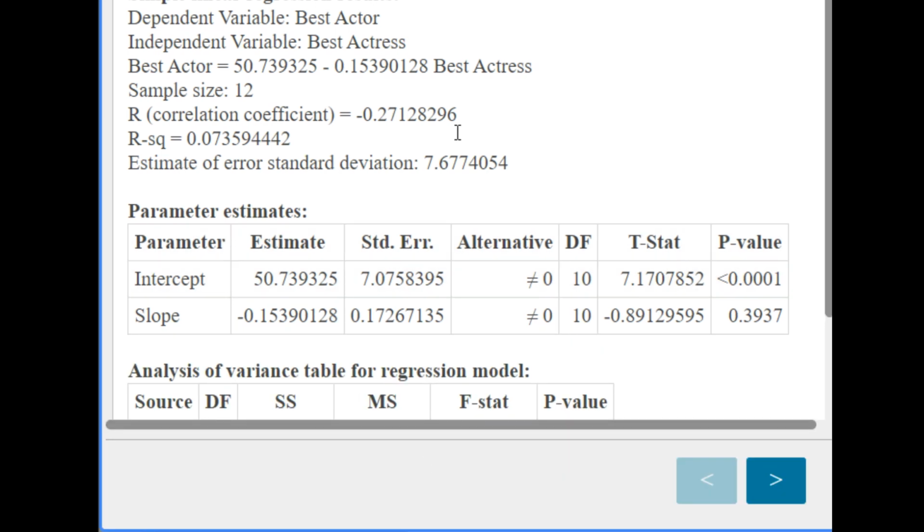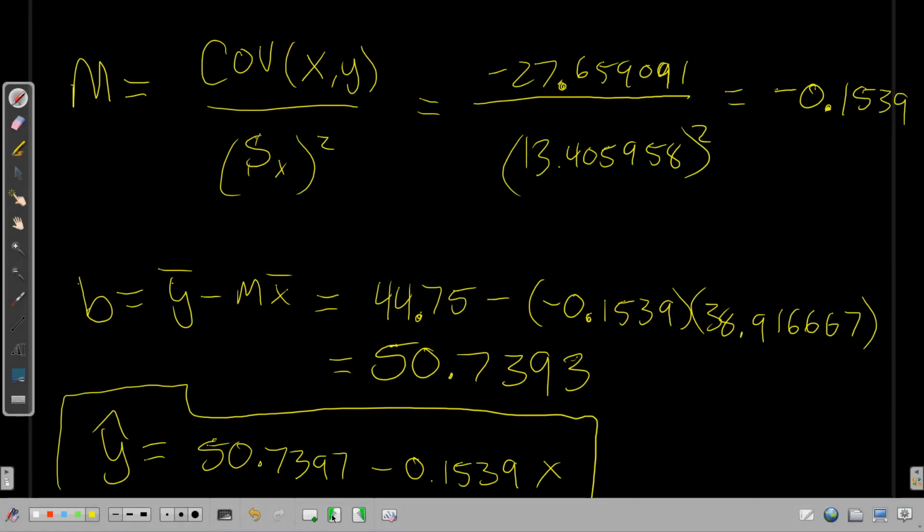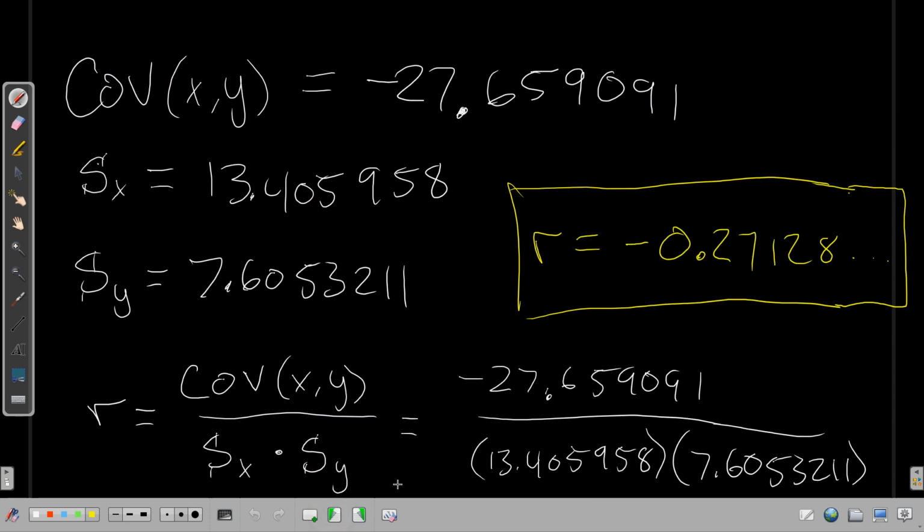And let's check everything. So the correlation coefficient minus 0.271, that's what we got over here, minus 0.27128.